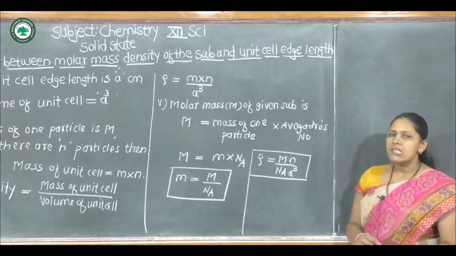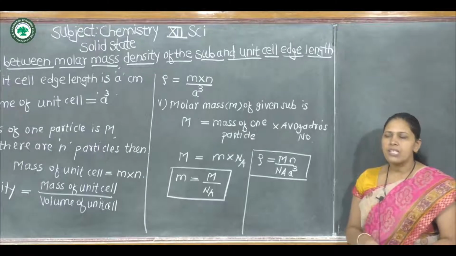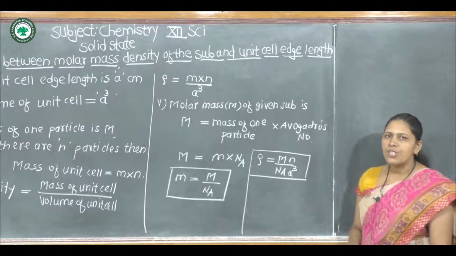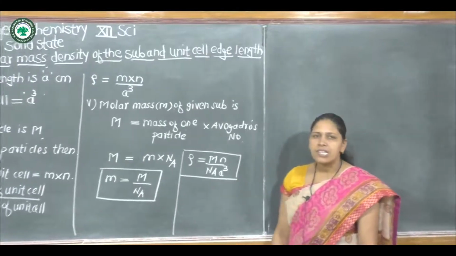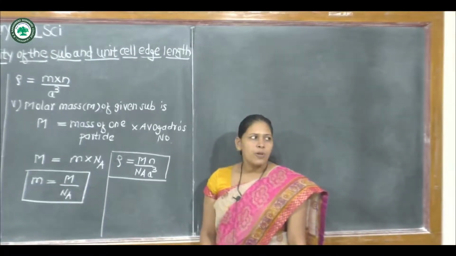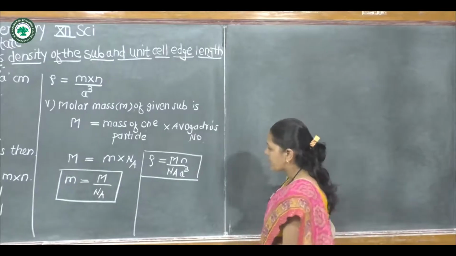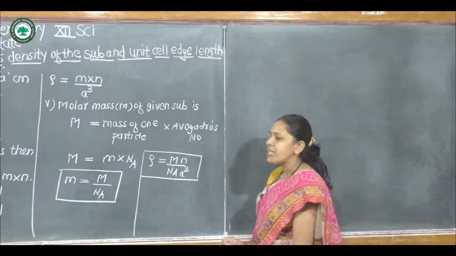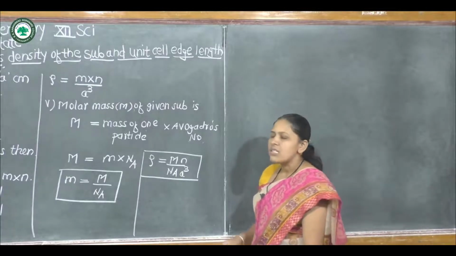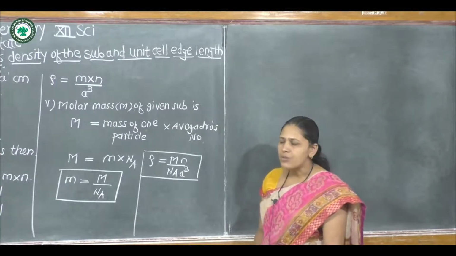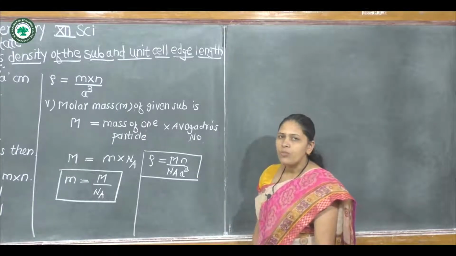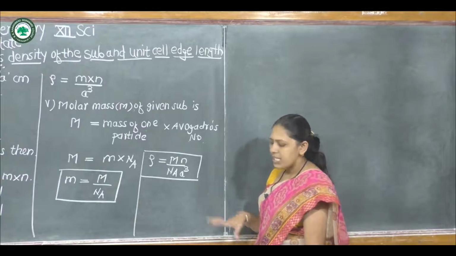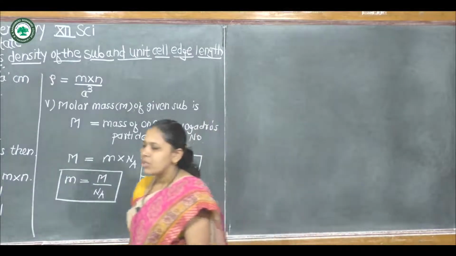In a simple cubic unit cell only one particle is present, in a body-centered cubic unit cell there are 2 particles, and in a face-centered cubic unit cell there are 4 particles per unit cell. Na is Avogadro's number, 6.022 into 10 raised to 23, then volume a cube. By this formula, we can calculate the density of the unit cell.